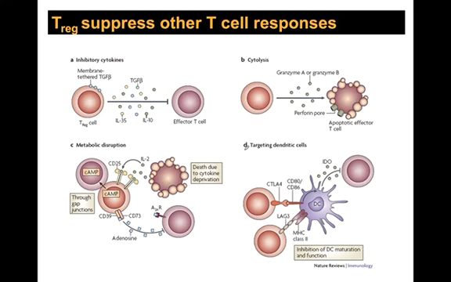But the most efficient way that Tregs can prevent other cells from working is to just shut off a dendritic cell. If you shut off the dendritic cells, they can no longer stimulate other cells. So there's a number of ways that they can do this.